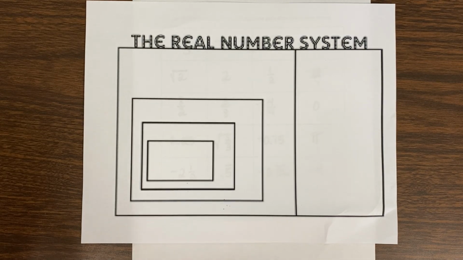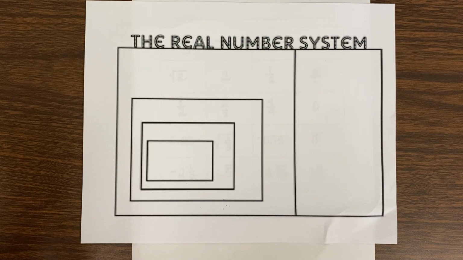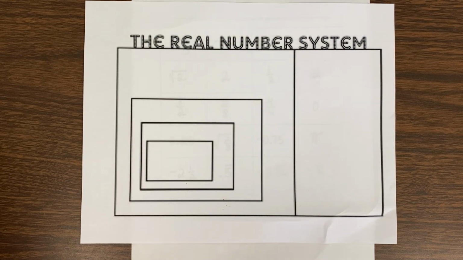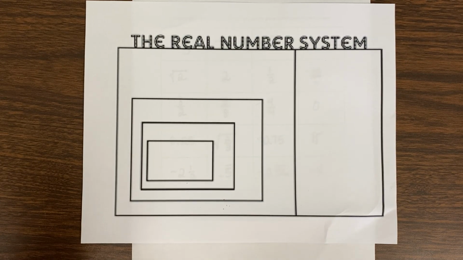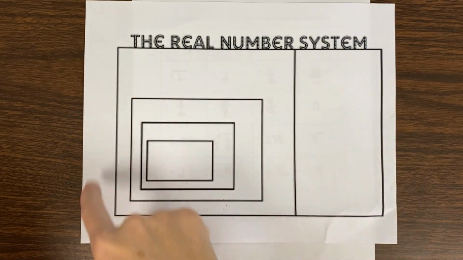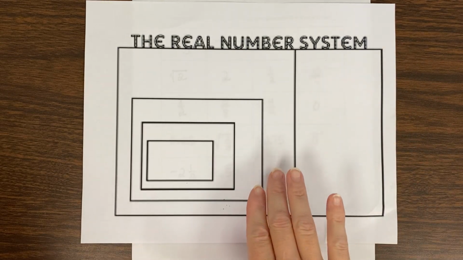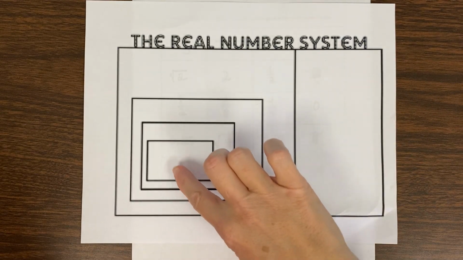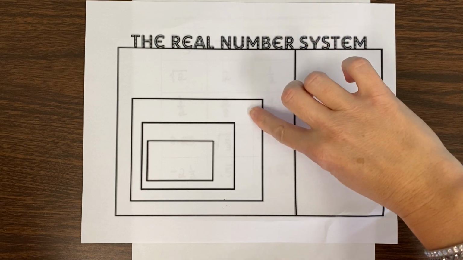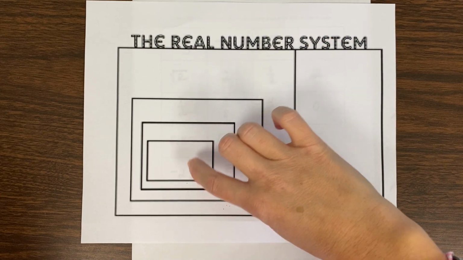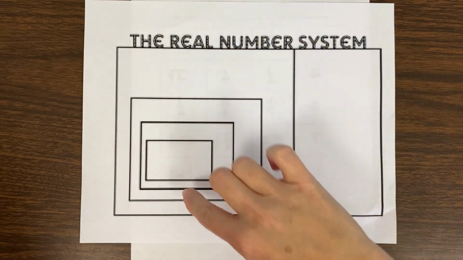So you could pause the video right now and either print this graphic organizer out that is there for you on Canvas, or you could take a couple of minutes with a ruler and just recreate it. It's really just a bunch of rectangles. Do take care to make sure you have 1, 2, 3, 4, the square, and then the rectangles.